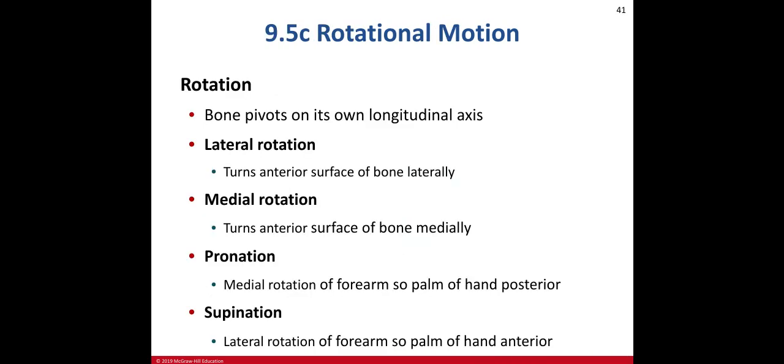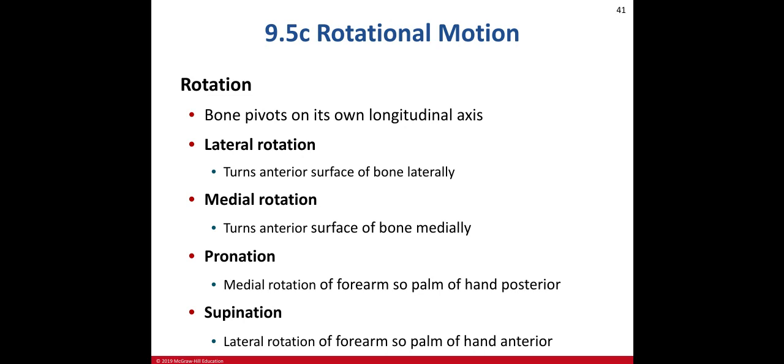Okay. And there's more. So that rotating motion has its own set of vocabulary as well. That is where the bone is going to pivot on its longitudinal axis. You first have lateral rotation, and that turns the anterior surface of the bone laterally. So turning it away.